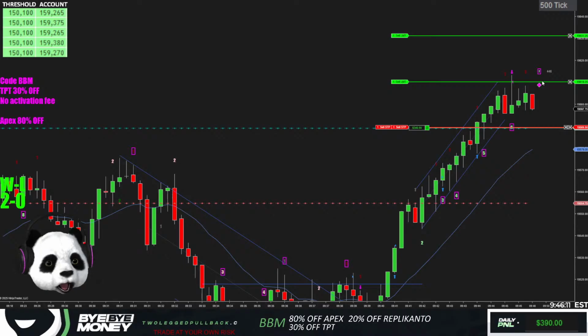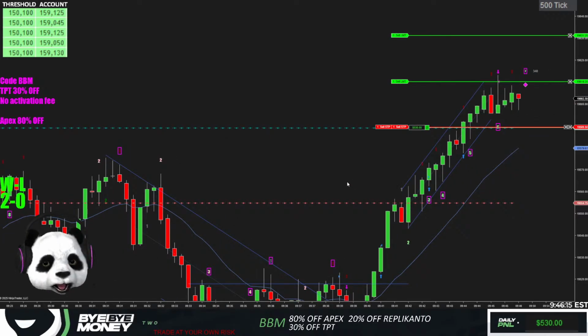Super strong bull bar. Oh. No follow through. Super strong bull bar on the 5-minute chart. You're thinking it's going to lift off here a little bit. Target. Okay. I'll take it.